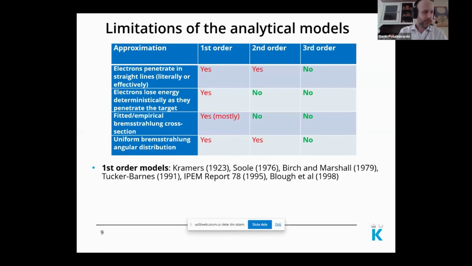They assume electrons penetrate in straight lines into the target. I say literally or effectively here because if you assume the electrons instantly reach a state of diffusion when they enter the target, then you can effectively say that they move in a straight line, because for every one that scatters out, another one scatters in. You just have to correct for their path length being greater than their penetration depth.